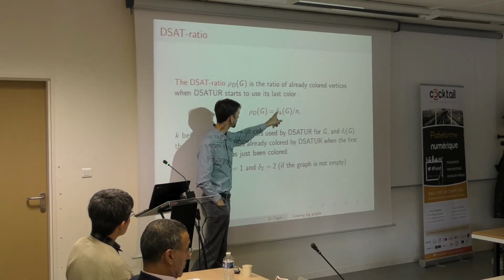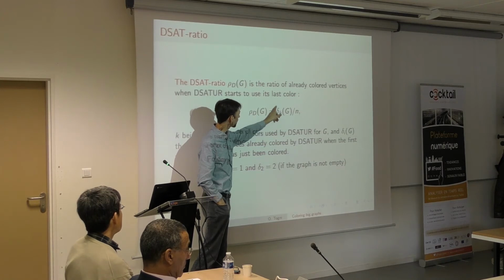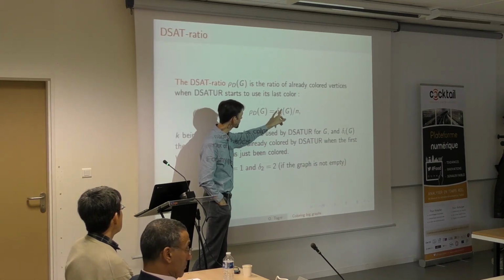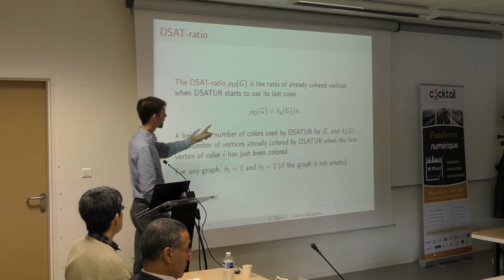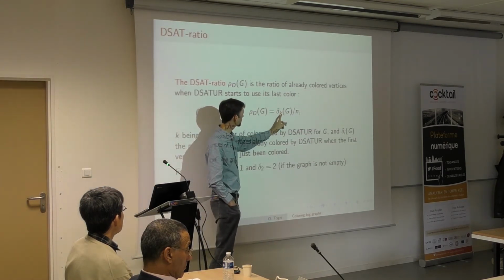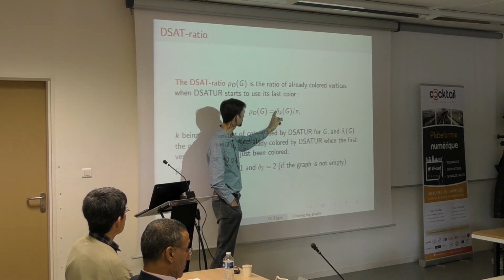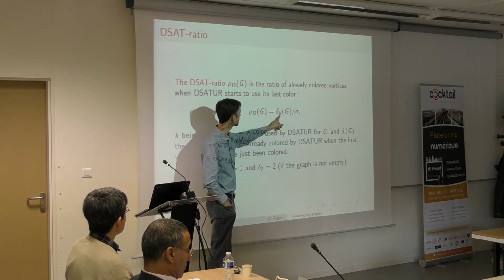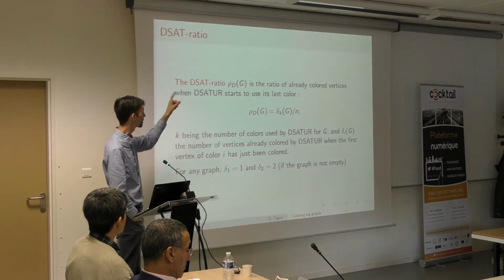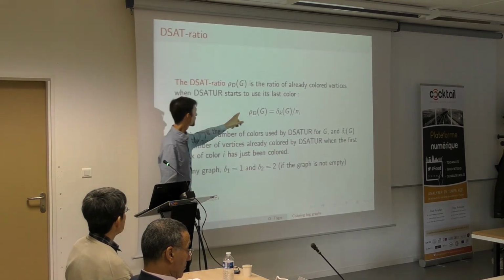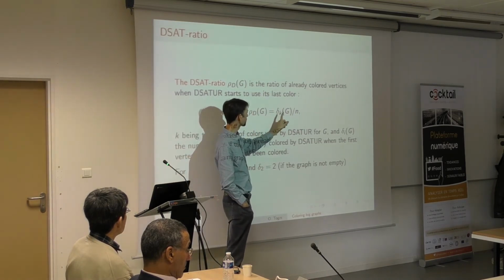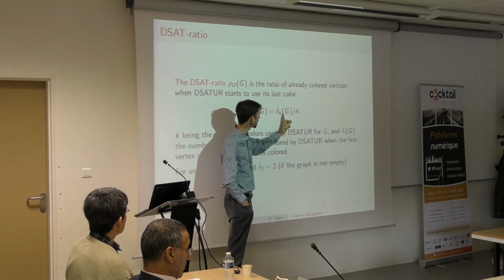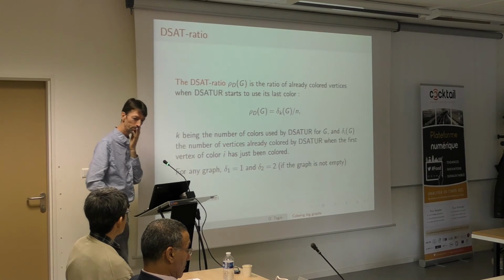So delta K of G is the time after having colored how many vertices the algorithm will be obliged to use color K. And in particular, we look at after how many vertices colored he has to use the last color. Here is the last color used by the algorithm on the graph G. And so we look at the ratio of vertices already colored when the algorithm has to use the last color for the first time. So the ratio over the total number of vertices.